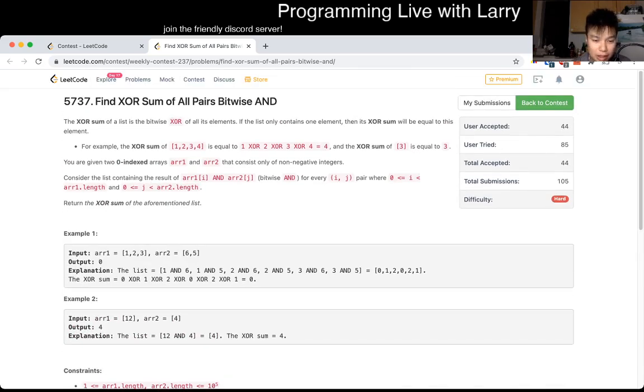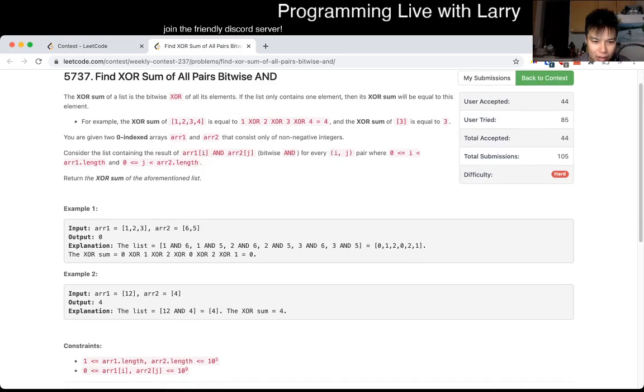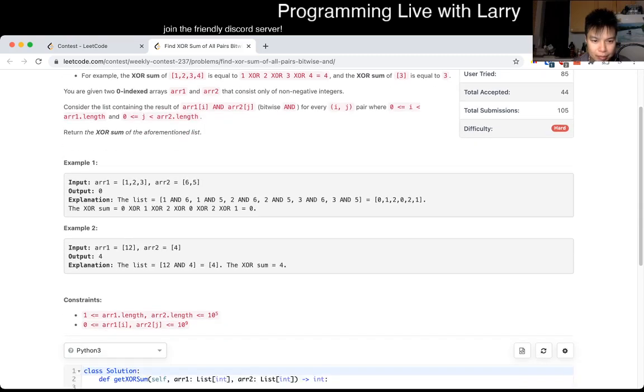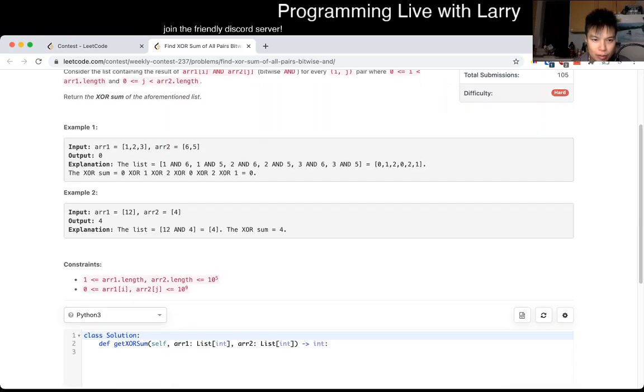And I spent way too much time in the last problem. Now I'm getting stuck on this one.